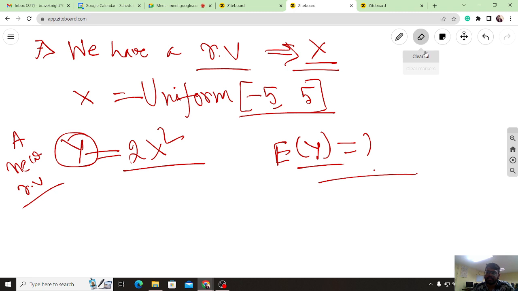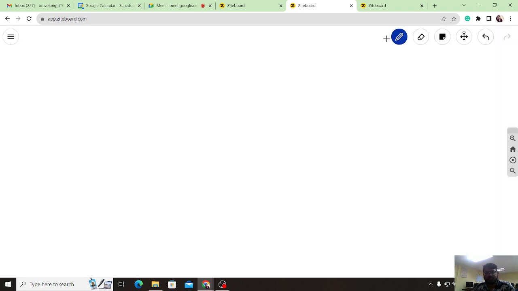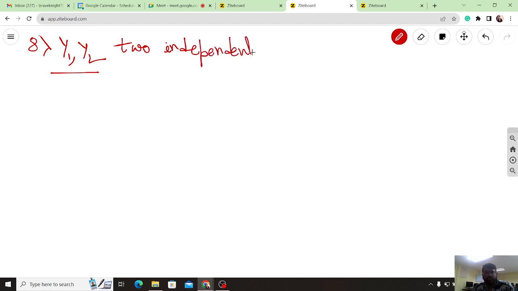Let us go to question number 8. It says y1 and y2 are two independent random variables, and in this case also, they are uniformly distributed.